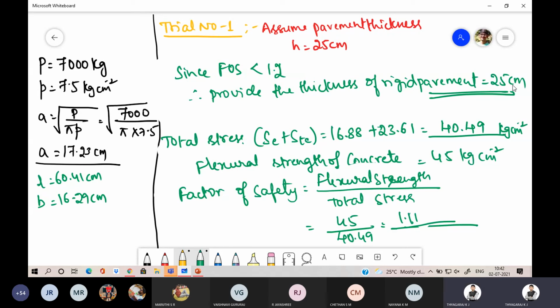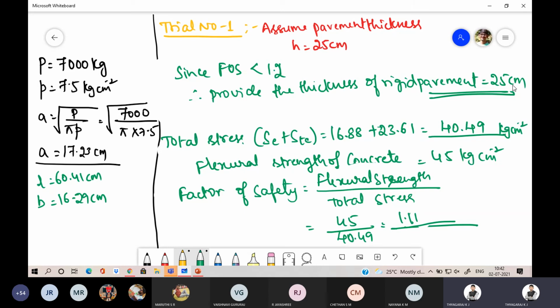Okay. Note down. So factor of safety is equal to flexural strength divided by total stresses that we have calculated.